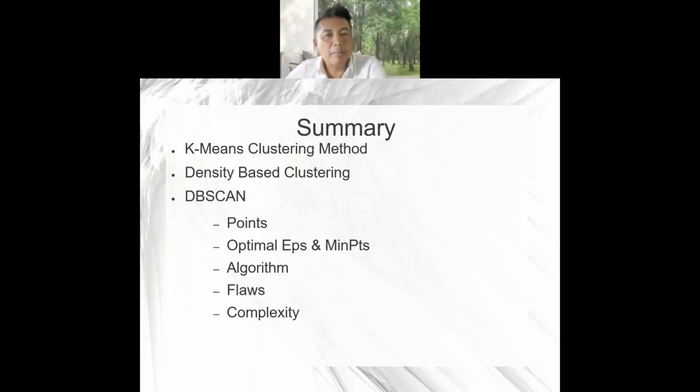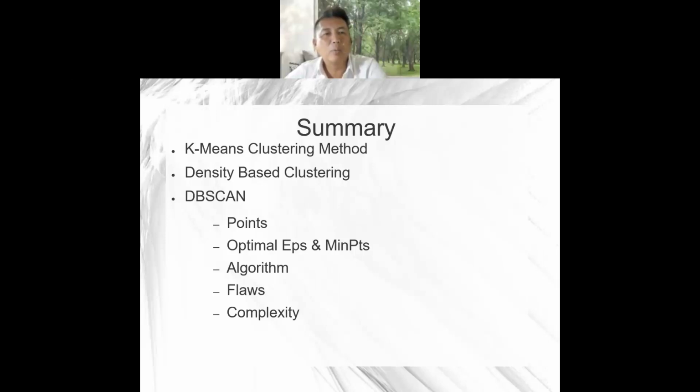So the summary for this session is that we will go over, recall again, what is K-means clustering, so that we know the differences between the previous lecture, K-means clustering, and also density-based clustering. We are trying to make a comparison of these two methods available for cluster analysis.